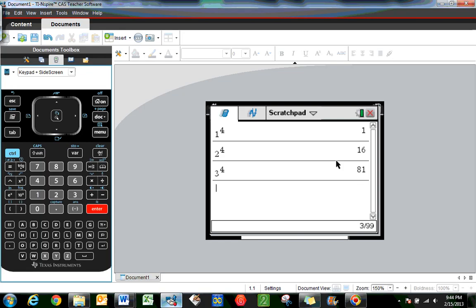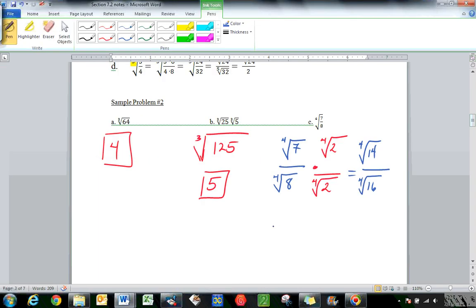The fourth root of 16 is going to equal 2. And so now I'm going to have the fourth root of 14 on top, because that doesn't reduce, and 2 on bottom, and that would be my final simplified answer. So that's simplest radical form.